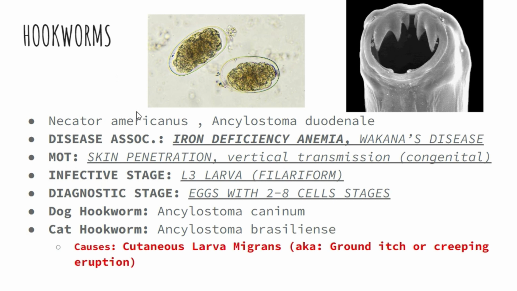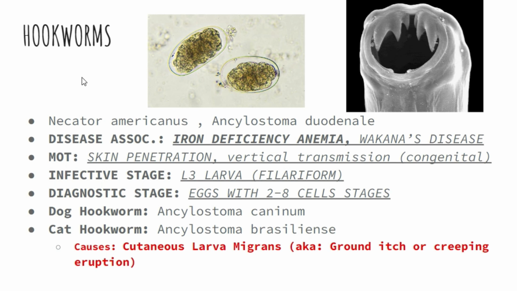Disease association for hookworms is iron deficiency anemia, characterized by microcytic hypochromic RBCs. Aside from iron deficiency anemia or IDA, hookworms are also associated with Wakana's disease.